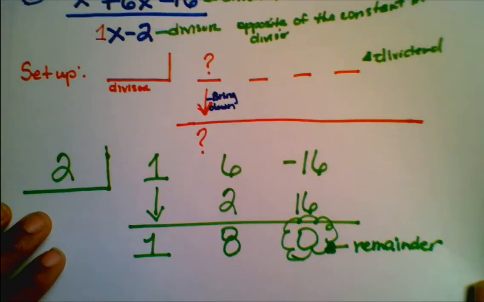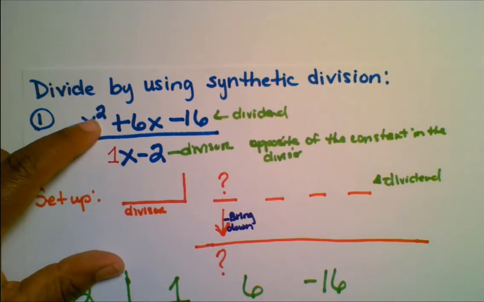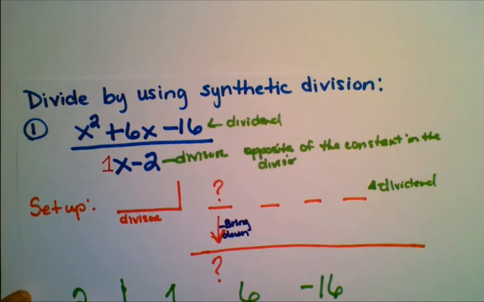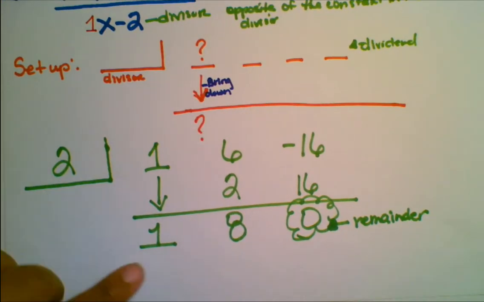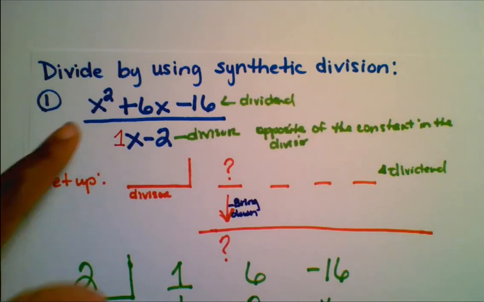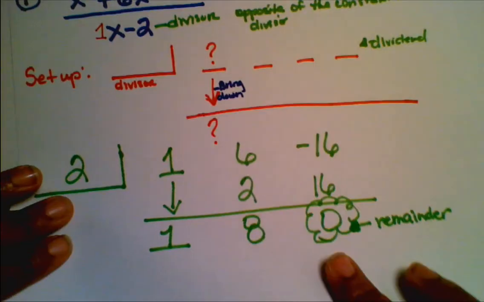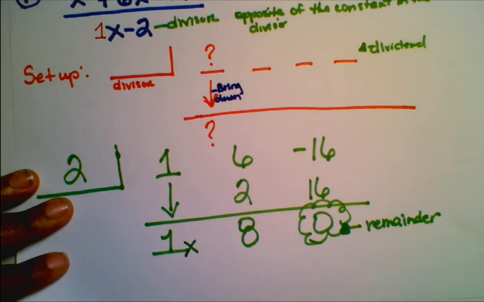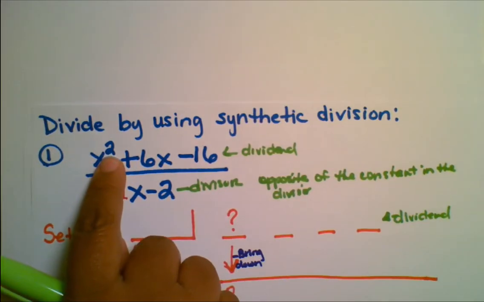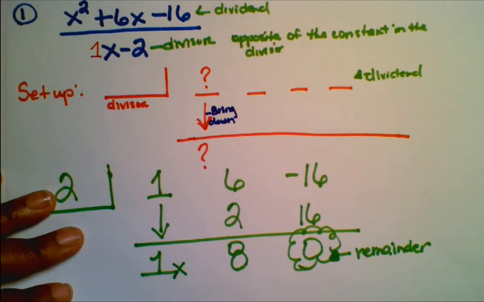And the rule says that in your dividend, depending on what your power happens to be, for example, this is a 2, when you write your variables back into the answer, you're going to be 1 degree less. So since we're starting here with x squared, this will be an x. Had this been an x cubed, then this would be an x squared. And then you go down the line writing your variables in descending order.